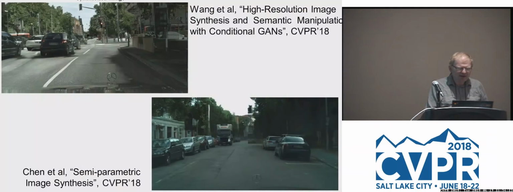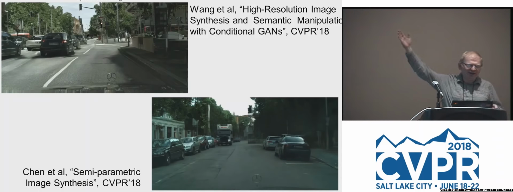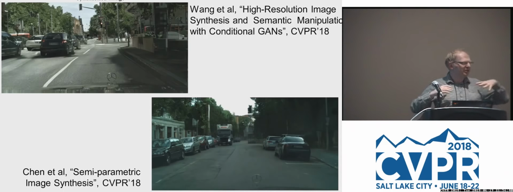Okay? And if you saw yesterday, I think, there was the battle between two wonderful papers, right? One paper in the same session, the Pix2PixHD paper, has beautiful results doing Pix2Pix with high resolution, very nicely done.